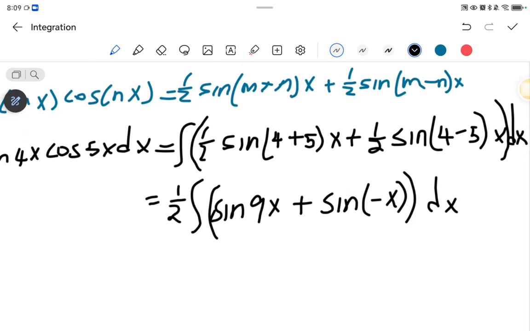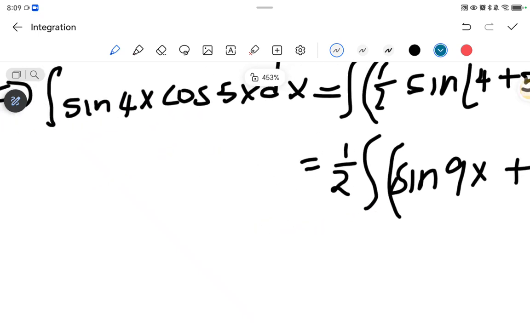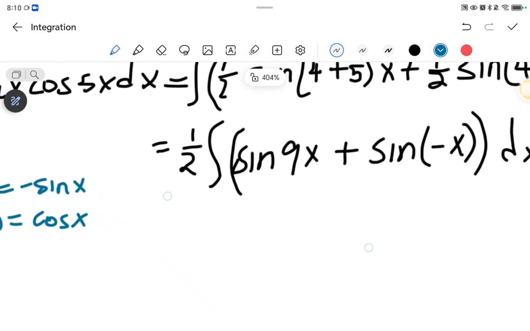We see, right? Then we have a property that says that sin(−x) is equal to −sin x, and also cos(−x) is equal to cos x. You see, right? So we have that property.